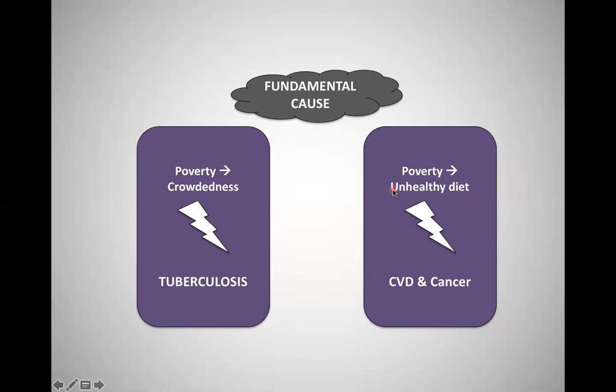We can do that. However, if we do not address the fundamental social cause itself, acting on the pathway, which is unhealthy diet, will not have a large impact on reducing the health outcome.